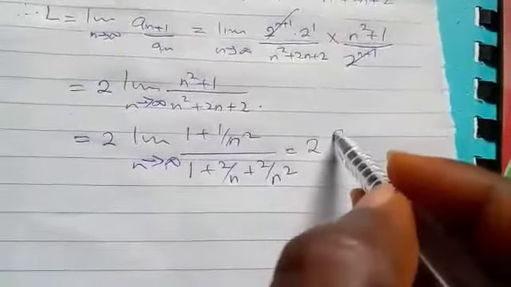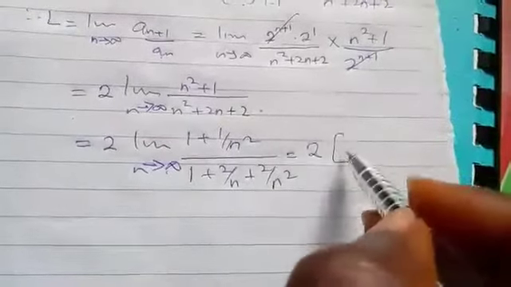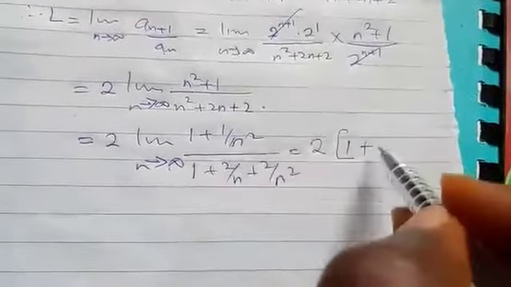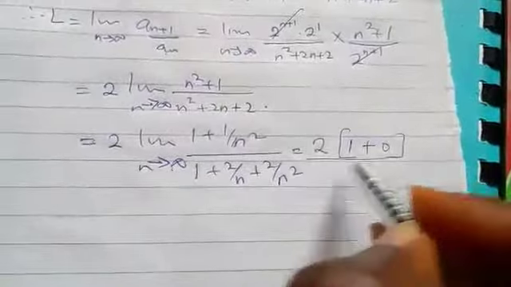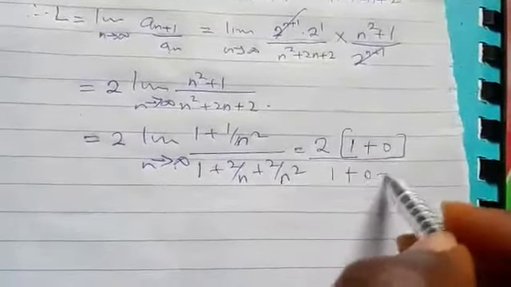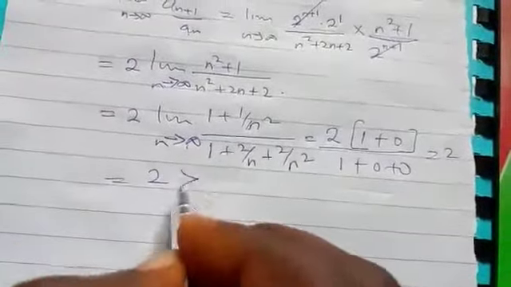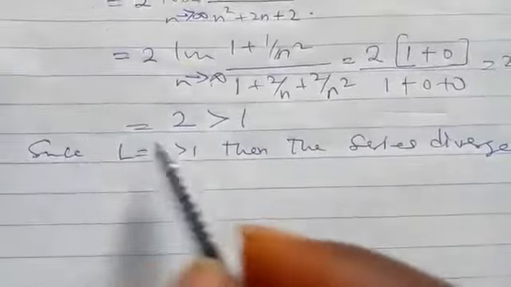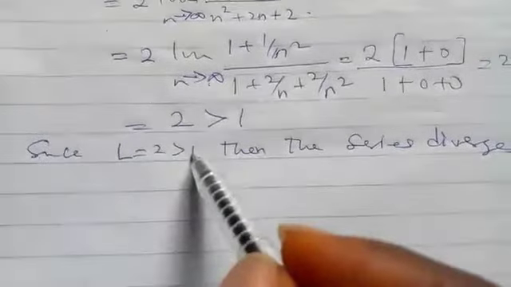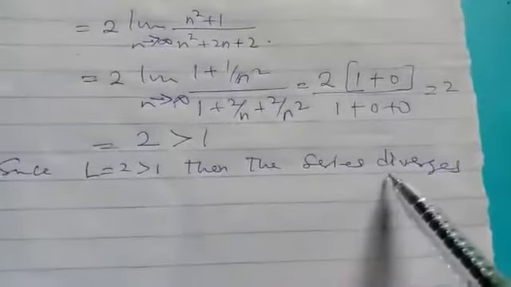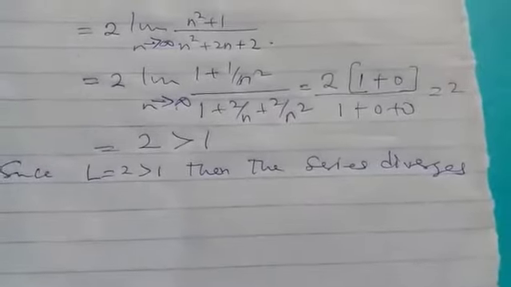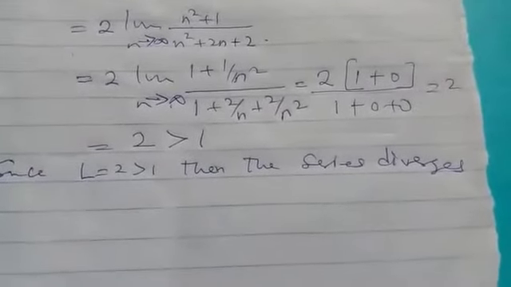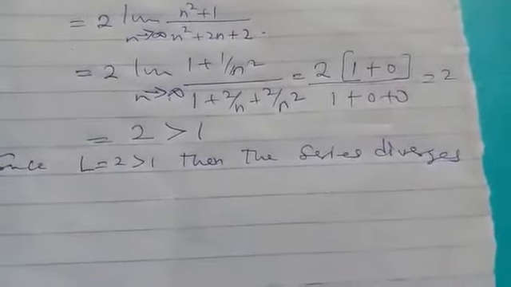So this is 2 into, as n tends to infinity, this one will become 0. This is 1 plus 0 plus 0 over 1, which is 2. So the answer is 2. So we know that 2 is greater than 1. So we can now write that since L is greater than 1, the given series diverges. So that is that about the D'Alembert ratio test.